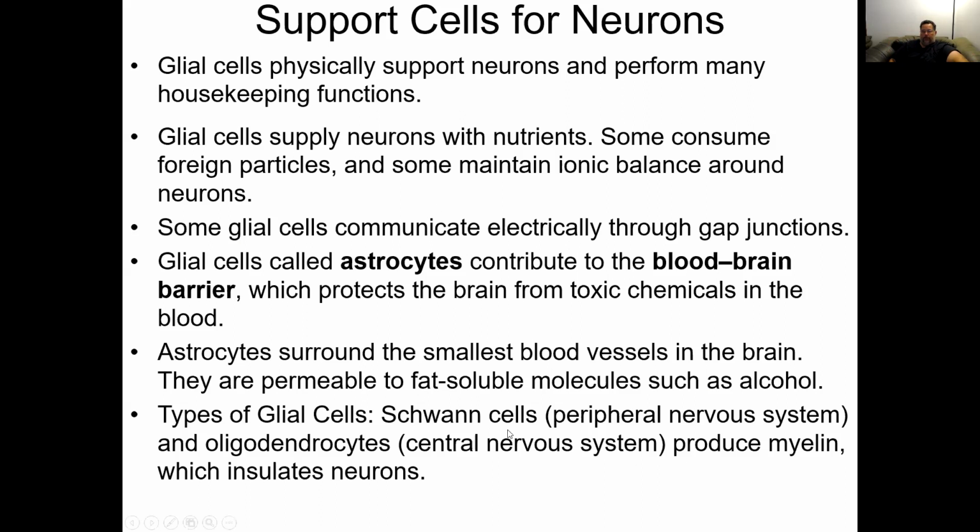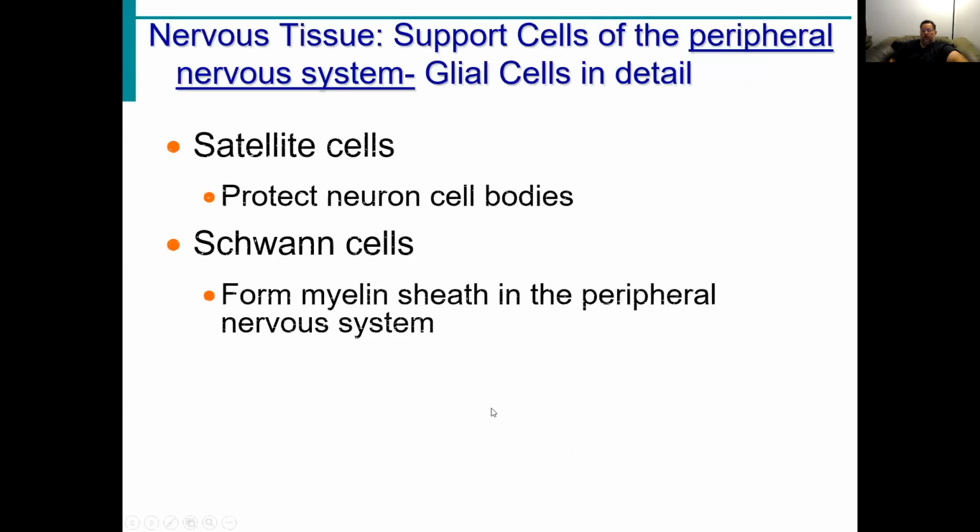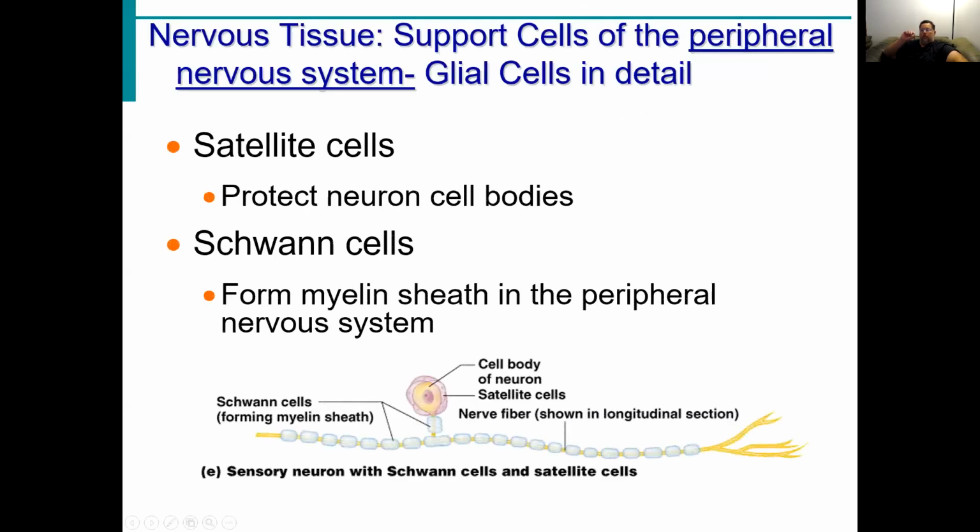And so be sure to read this here. We're going to hit on some major ones. Some are found in the peripheral nervous system. Remember, the peripheral nervous system is the parts of the nerves that are outside of the central nervous system, outside of the brain and spinal cord. And so these glial cells include satellite cells and Schwann cells.